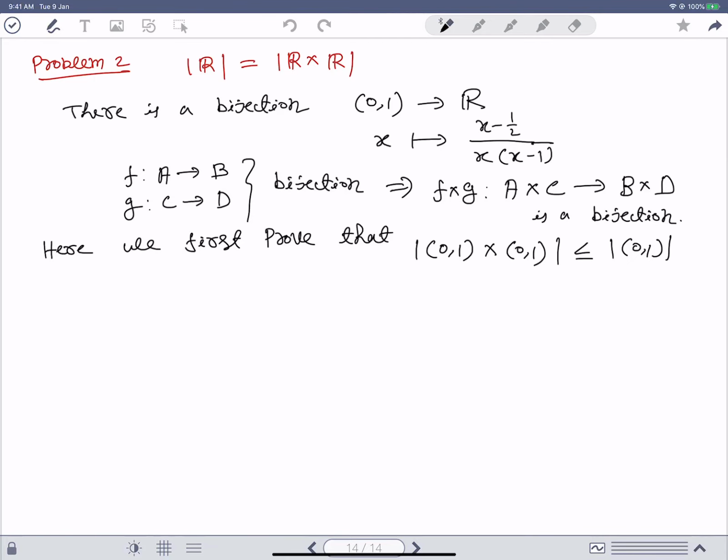So there is an injection from (0,1) cross (0,1) to the open interval (0,1).